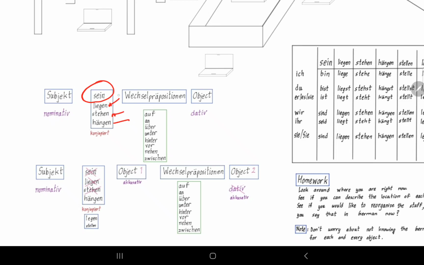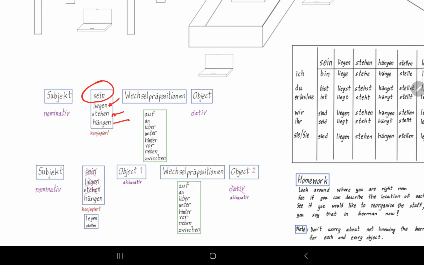But if your sentence implies some kind of motion, you cannot use sein anymore. You cannot use liegen, you cannot use stehen. Hängen you can continue using, but instead of liegen, you will have to use legen, and instead of stehen, stellen. Legen and stellen, they both mean keep, okay?